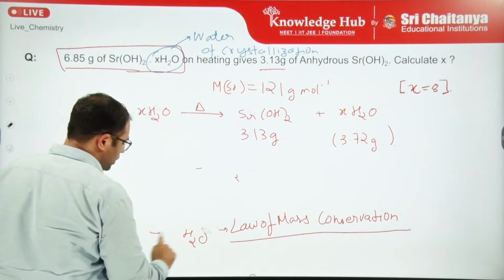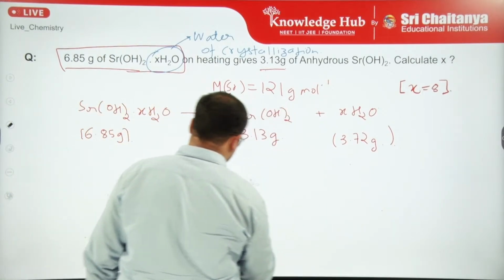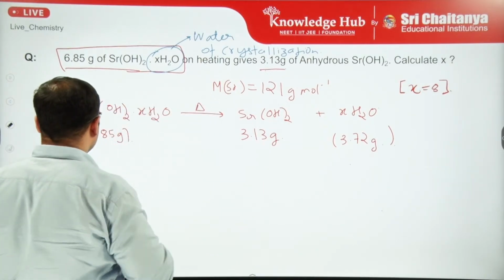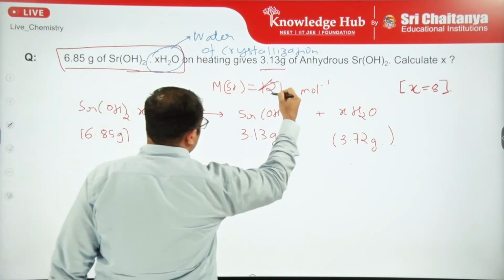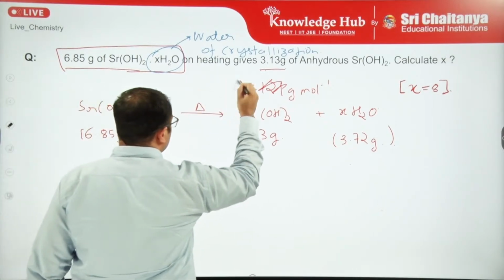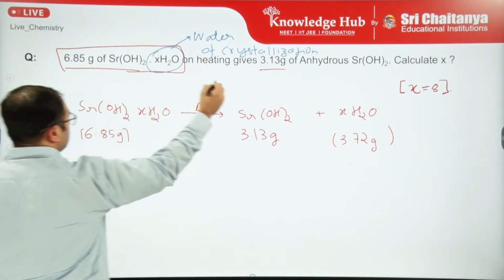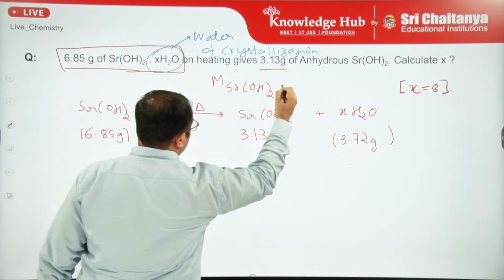So let us move forward in calculating the moles. Sorry, it's not the molar mass of strontium here. 121 is the molar mass of strontium hydroxide.